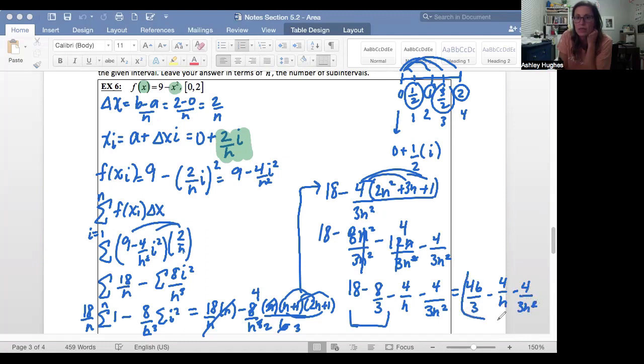So this is a way to figure out the area underneath this curve for any n. No matter how many rectangles I have, I could just plug in the number of rectangles and then I would get the area. Now it's having troubles. Let's see if I can save this before.